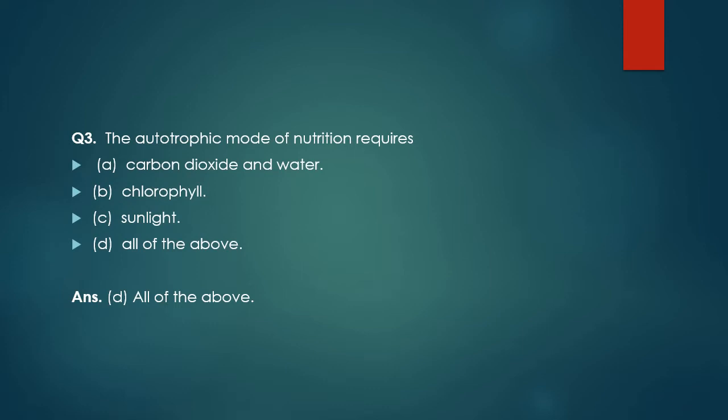And the metal there is, yes, manganese or magnesium? It's magnesium, right? And sunlight comes in the form of photon particles. So all these things are needed for the autotrophic mode of nutrition, especially photosynthesis.